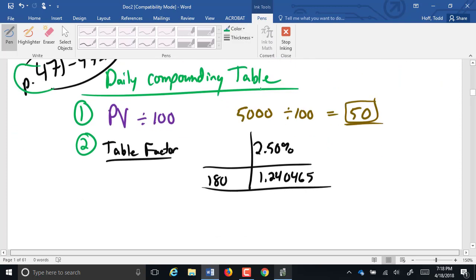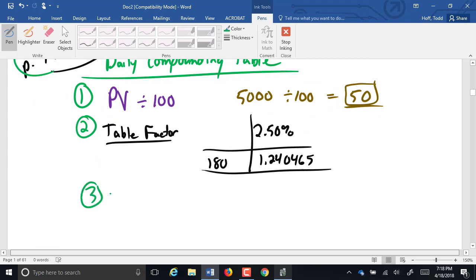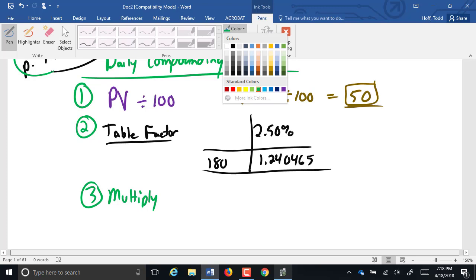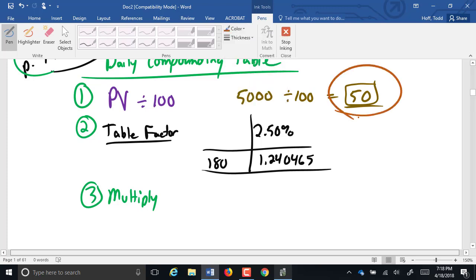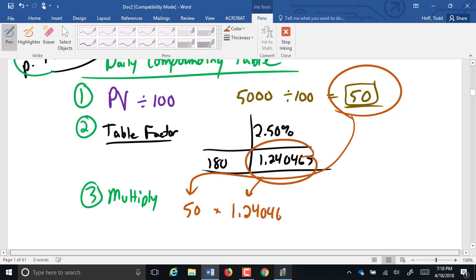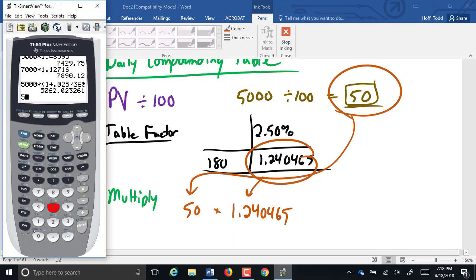Step 3, we're going to multiply steps 1 and 2. So we got the 50 times 1.240465 to get 62.02.